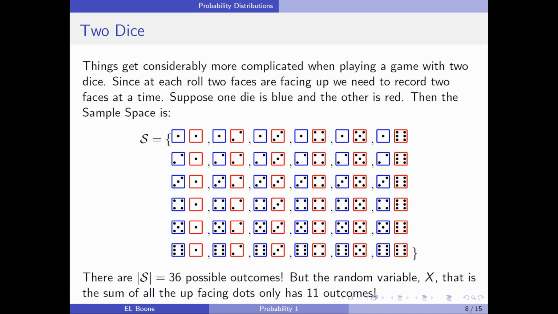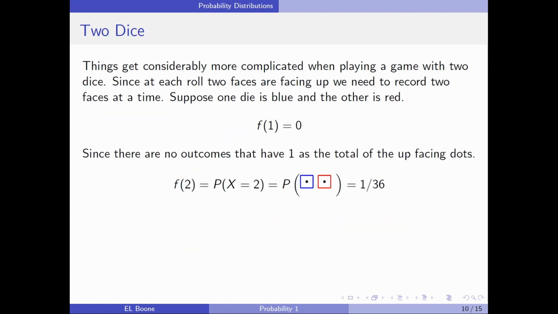There are 36 of them, but the random variable that is the sum of all the up-facing dots only has 11 outcomes, and you'll see why in a second. Remember, the whole reason we're thinking about these things is so we don't actually have to conduct the experiment. Things get more complicated with 2 dice, but that's okay.